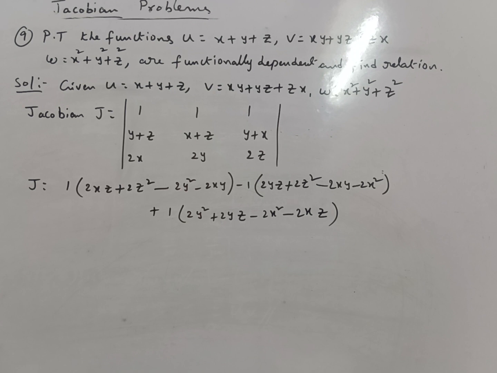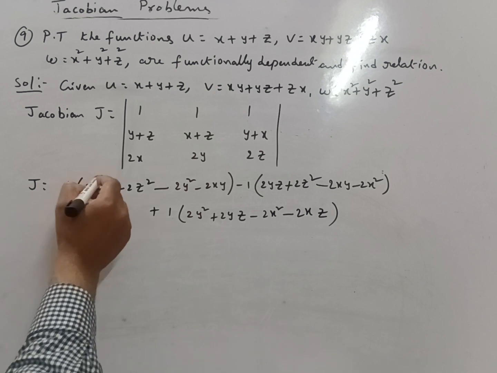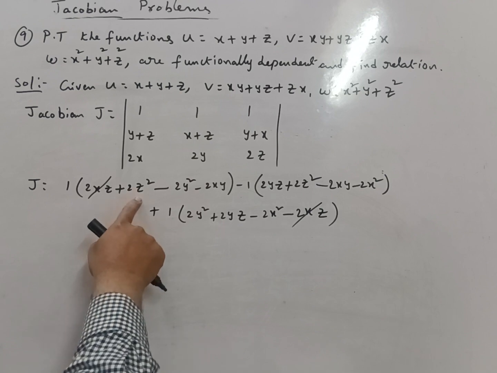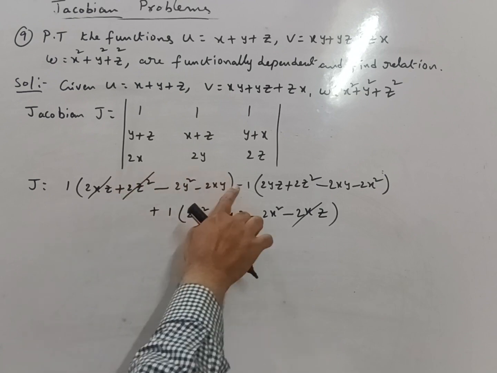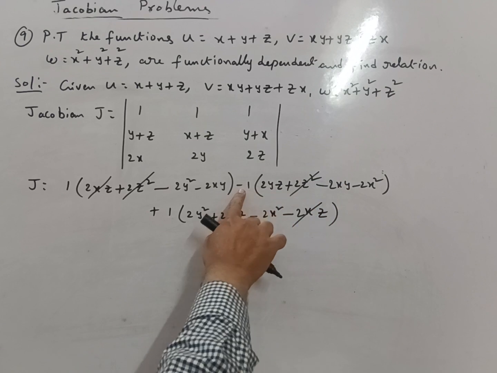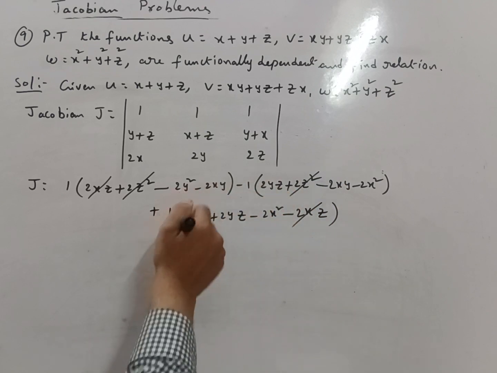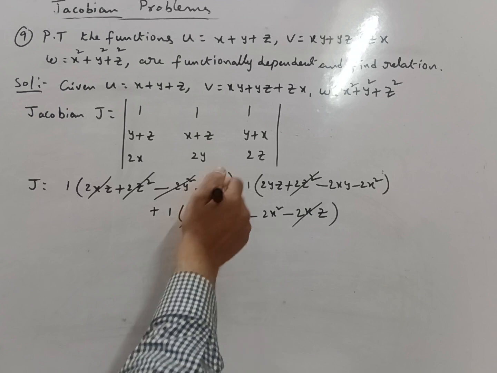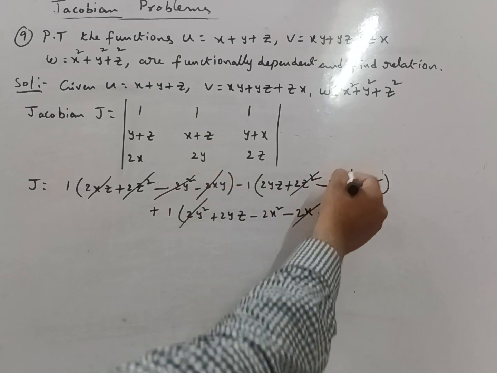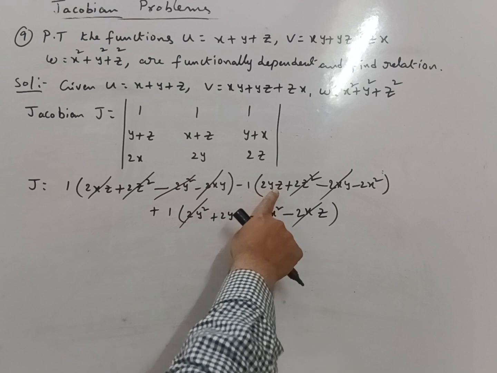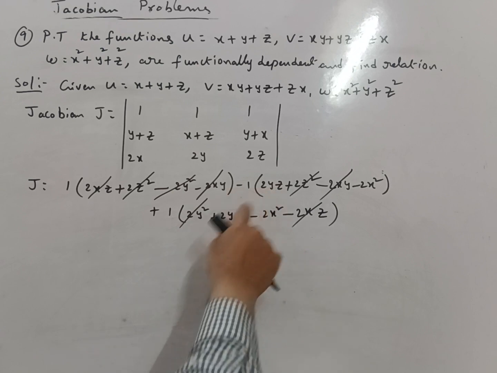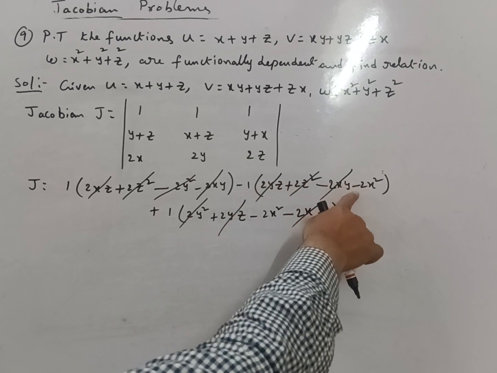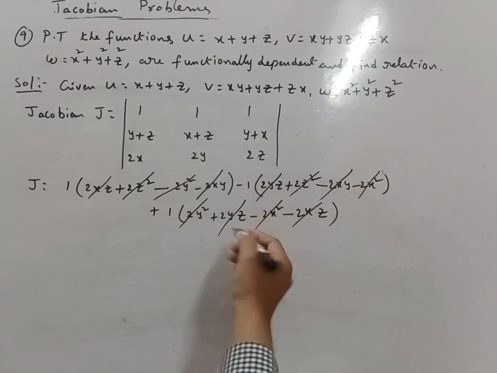Correct. So now see here, plus 2xz and minus 2xz got cancelled, plus 2z² and minus 2z² got cancelled, minus 2y² and plus 2y² got cancelled, minus 2xy and plus 2xy got cancelled, 2yz and minus 2yz got cancelled, plus 2x² and minus 2x² got cancelled.